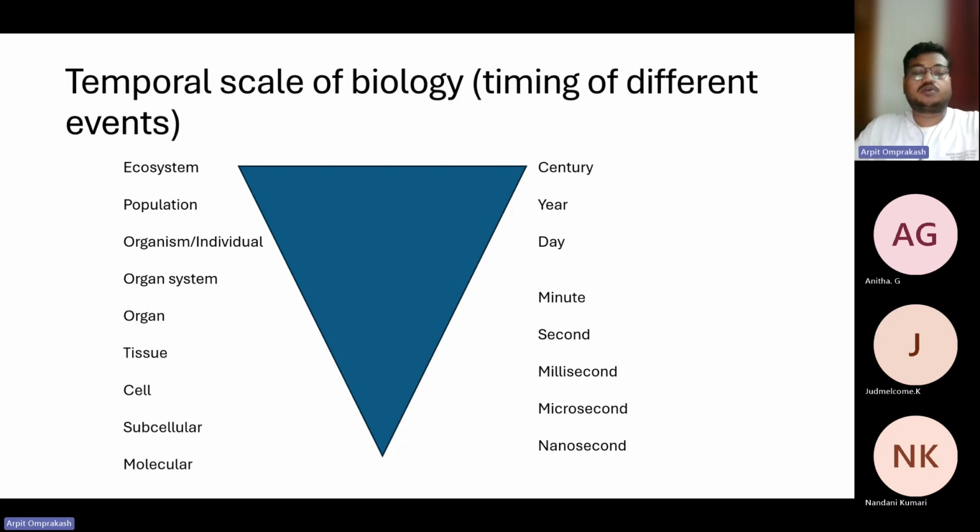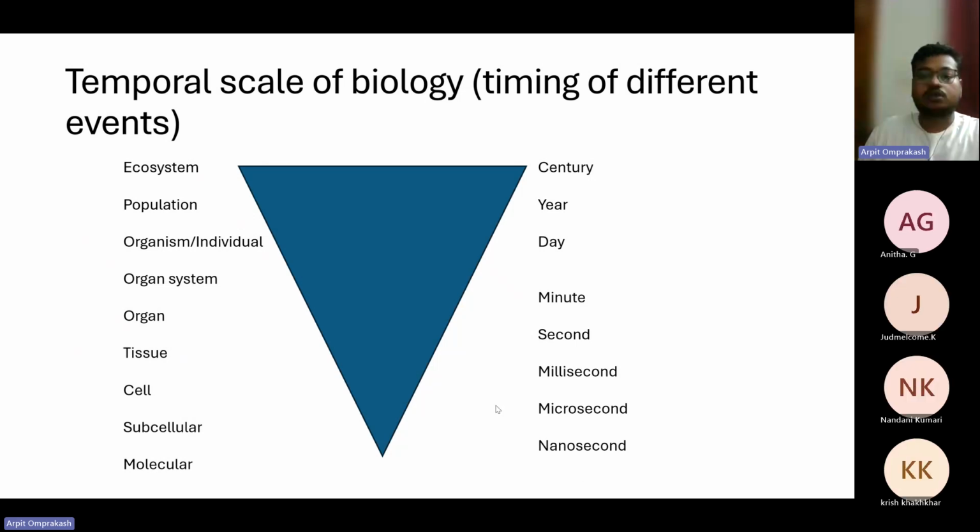Next, we talked about the temporal scale of things. The previous thing was the spatial scale, or the size and shape of things. The temporal scale of biology deals with how long an event takes, or the timing of a given event.